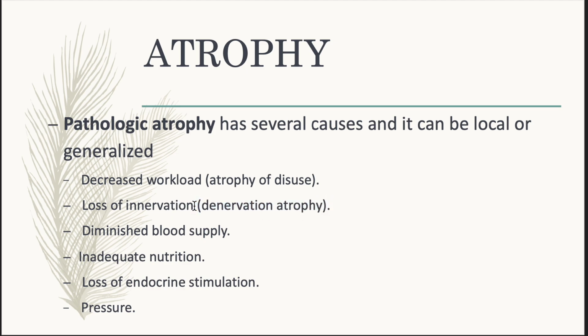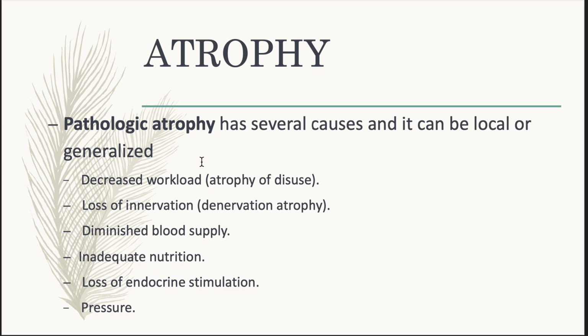So, ang uban kay because of aksidente or for some reason nawala ang innervation sa mga nerves sa muscle, so dili pud mo galaw ang muscle, so nagkakaroon ng denervation atrophy. Of course, diminished blood supply, dili magyapon blood gani nagahatag og oxygen and everything sa imong mga muscle cells. Pag wala blood supply, that will lead to atrophy. Of course, inadequate nutrition, no?